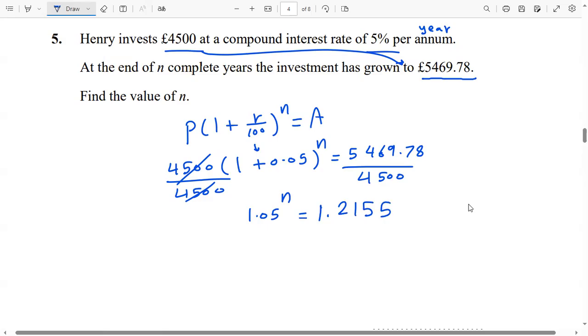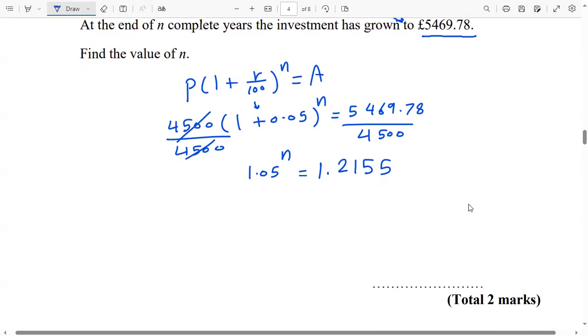Now I want to know after how many complete years. So you can try, let n equal 3. So 1.05 to the power 3. You calculate this and check the value. Does the value reach 1.2155 or not?